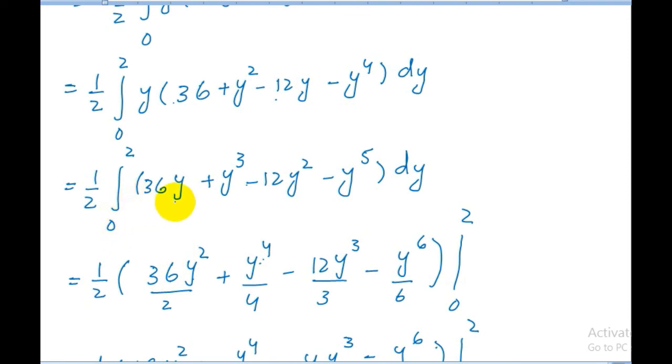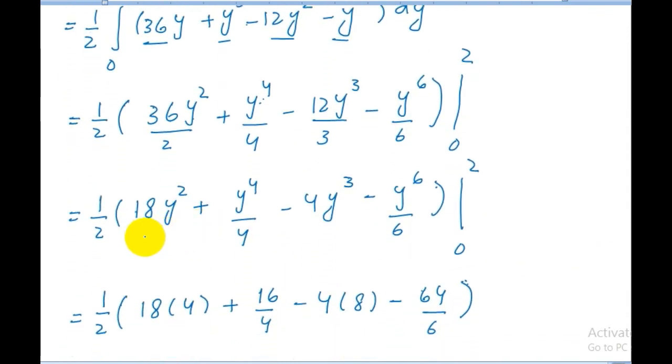Applying integration, in every part the power rule of integration can be applied, so it becomes 1 by 2 of 36 y square upon 2, y cube becomes y to the power 4 upon 4, minus 12 y square becomes minus 12 y cube upon 3, and similarly the integration of y to the power 5 is minus y to the power 6 upon 6.